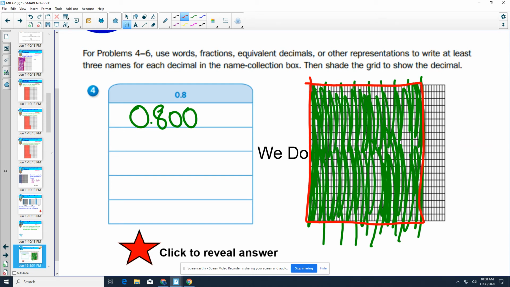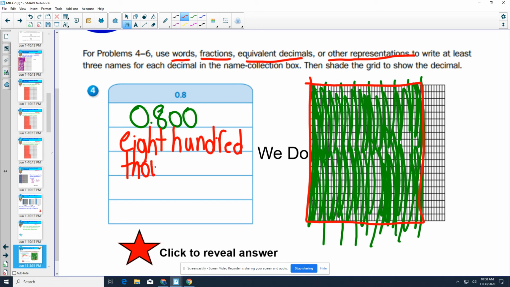So let's see some other names. I already have 8/10, and it says up here I could use words, fractions, equivalent decimals, or other representations. So this would be other representations over here. So let's see an equivalent decimal. I already did. Let's see words. I could say 800 thousandths.